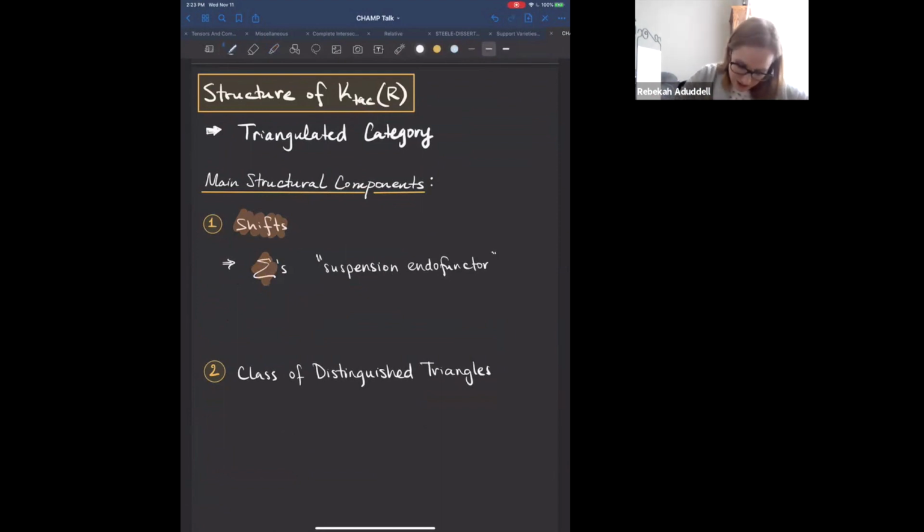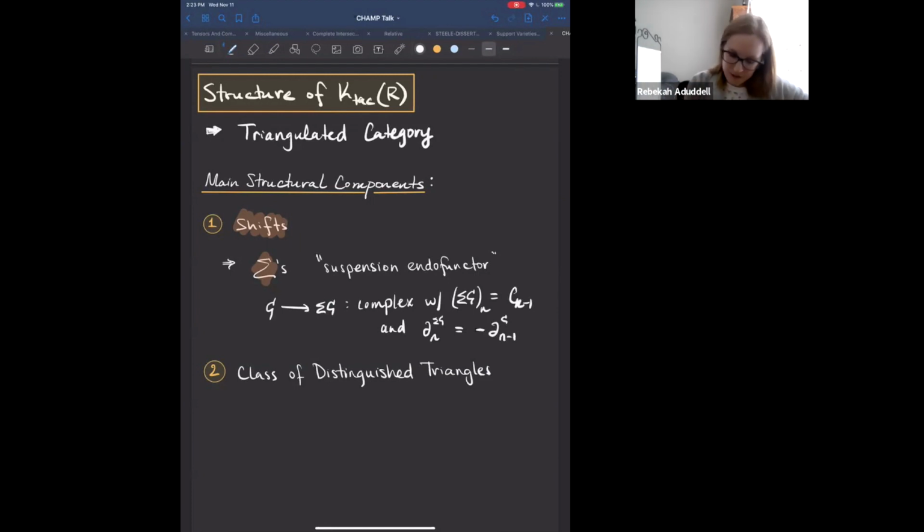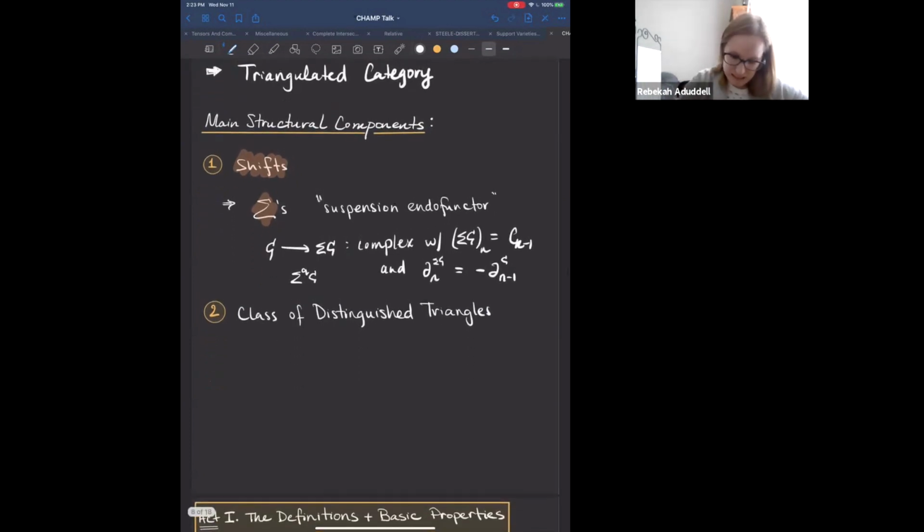And the idea is this functor takes a complex C to shift C. And this is the complex with the nth module being the n minus first module of C, and then the differential would be negative the n minus first differential on C. And we could also talk about any degree shift and so on. And so that's going to come up in my definition in a second.